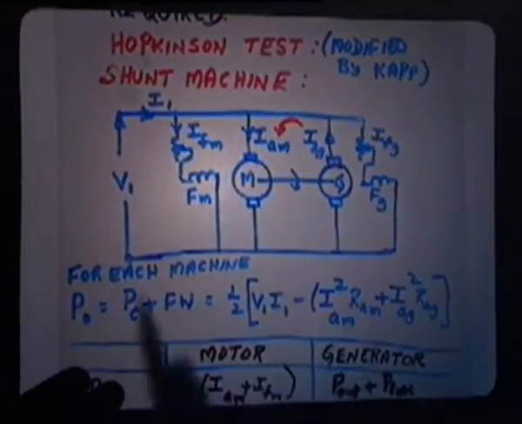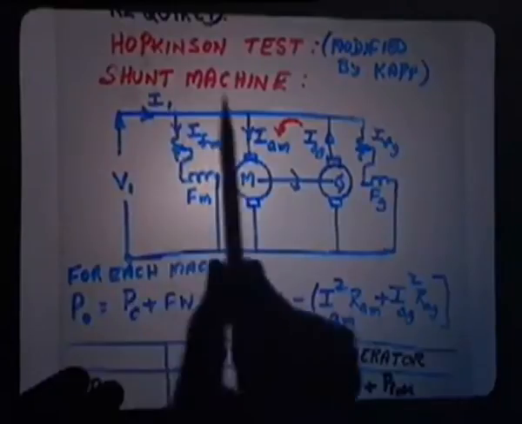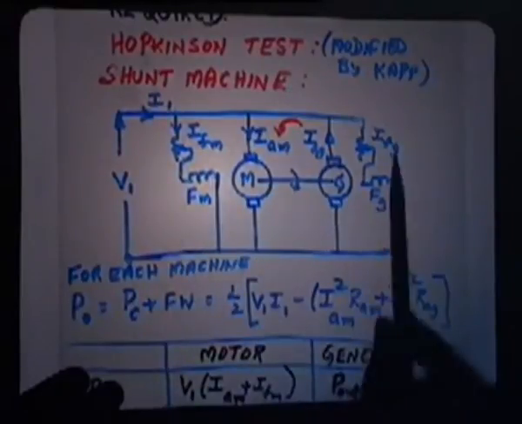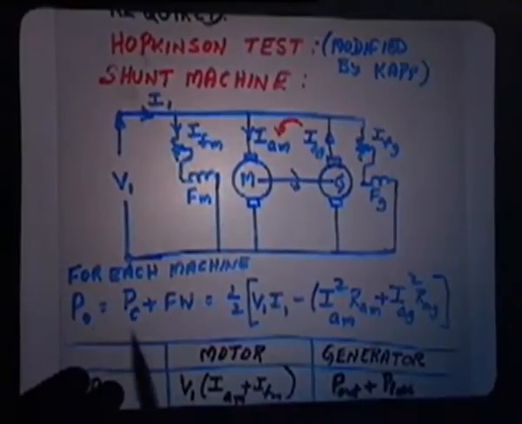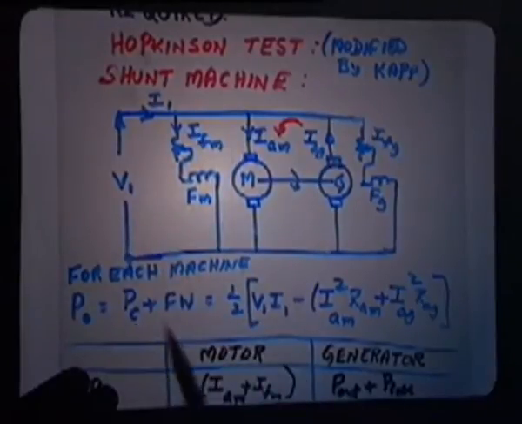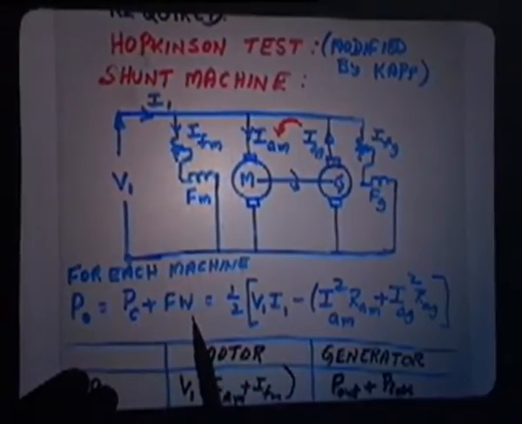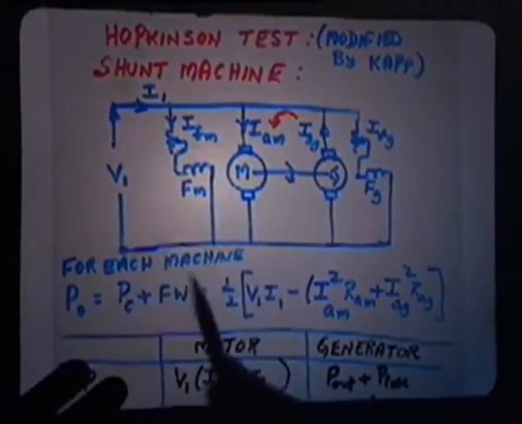So what we can do is, for each machine, we can assume that whatever power comes here is divided equally between these two machines, which is an assumption anyway. So for each machine, the no load input power P naught is equal to PC plus friction windage, that is given by half of V1 I1.